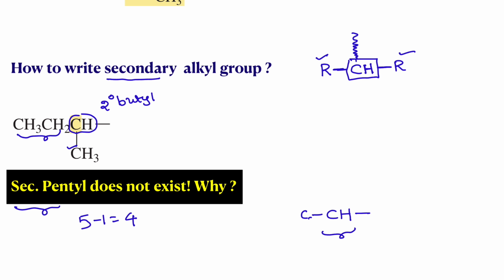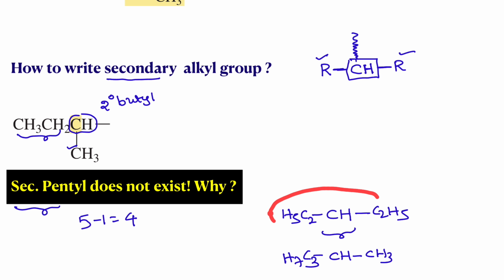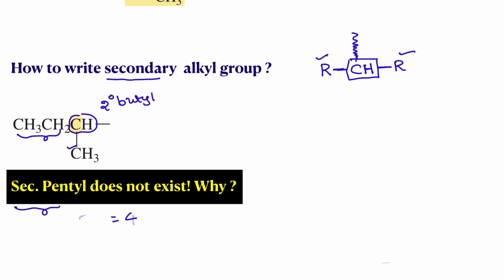In that 4, you can take C2H5 and C2H5, otherwise CH3 and C3H7. This is pentyl, this is also pentyl, both are secondary pentyl. One name should indicate only one structure. You are writing two structures, therefore secondary pentyl should not be used. So secondary pentyl does not exist.